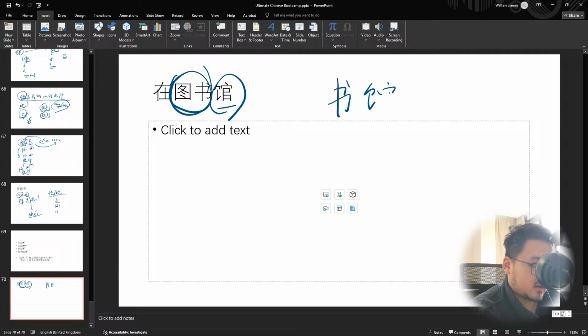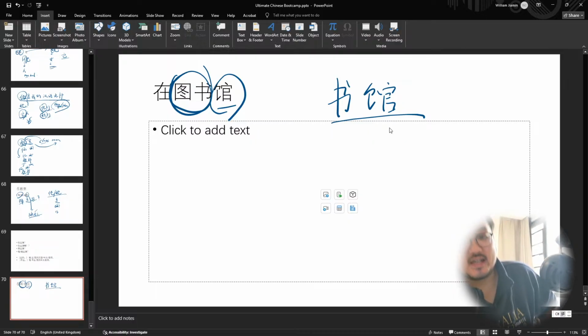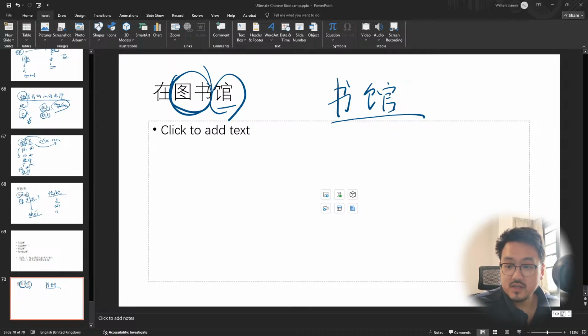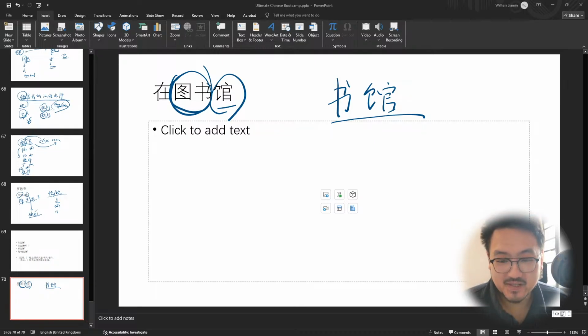So I know some of you folks maybe say 书馆. Why is it not the case? Why use 图书? Okay, you know what? That's a very good question. Because 图书 we use in combination a lot. So for example, if you go to print stuff, there is a thing like 图文, right? 什么什么图文.